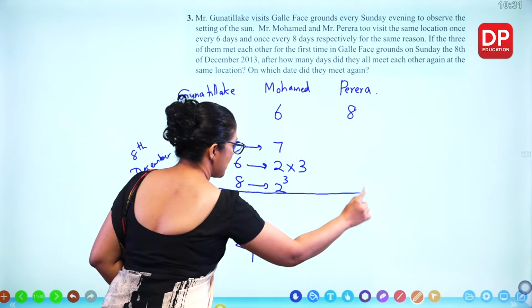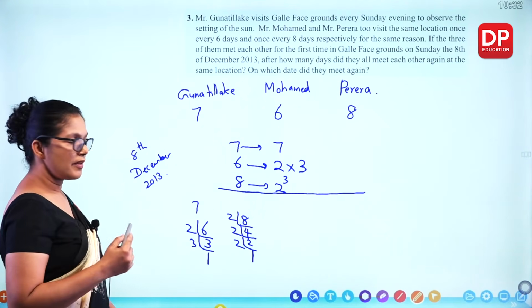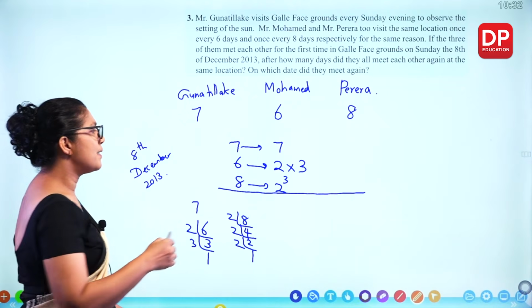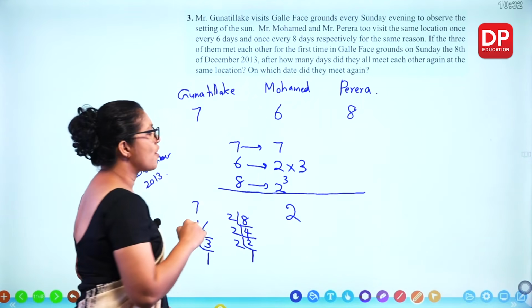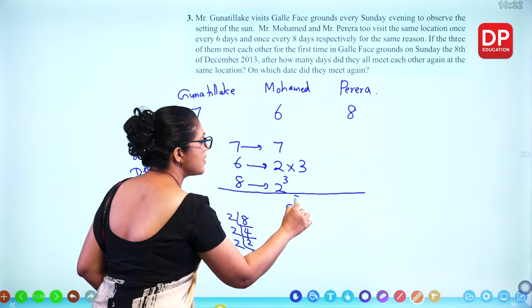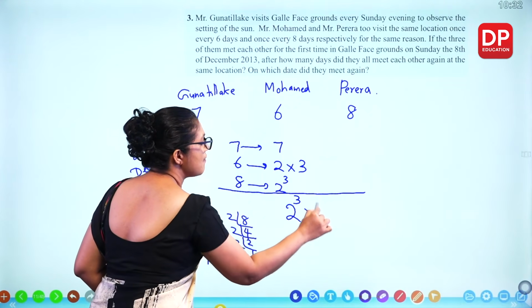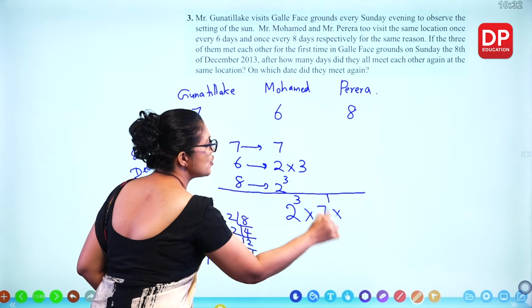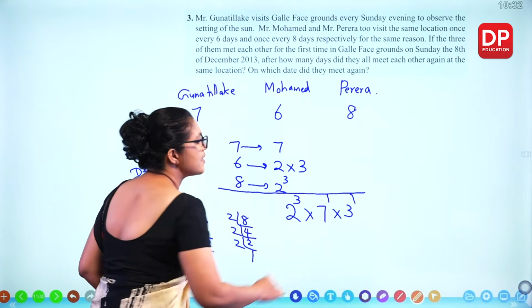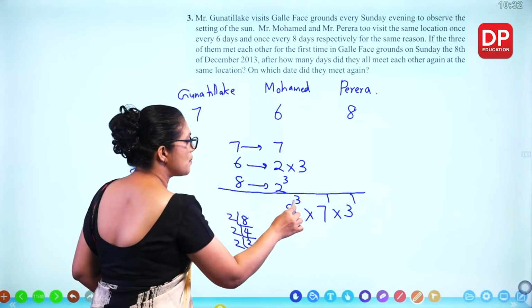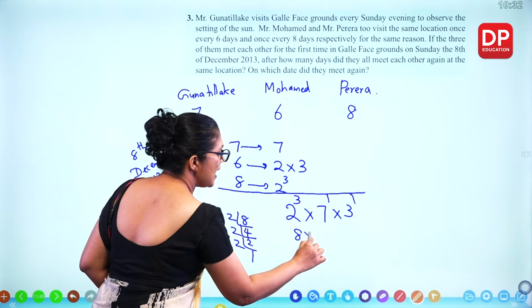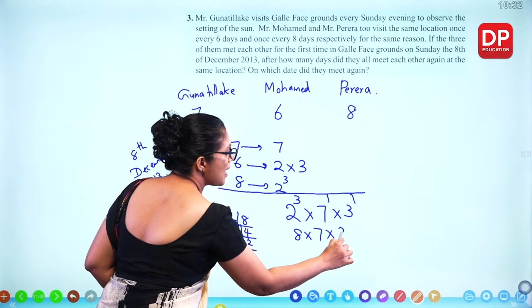So using prime factors, what's the least common multiple? You take the maximum power. When you take power of 2, maximum power is 3. When you take 7, maximum power is 1. When you take 3, maximum power is 1. So what's the answer? 2 to the power 3 is 8. 8 times 7 times 3.